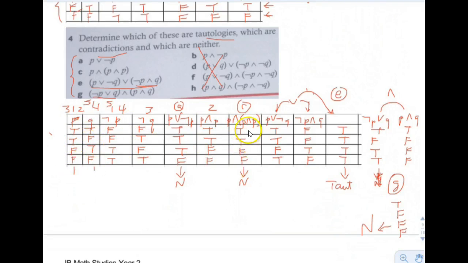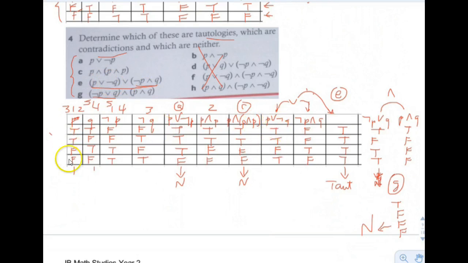So true, true, false, false is not a tautology nor a contradiction, so that's neither. And then for E, we are going to OR together P or not Q.